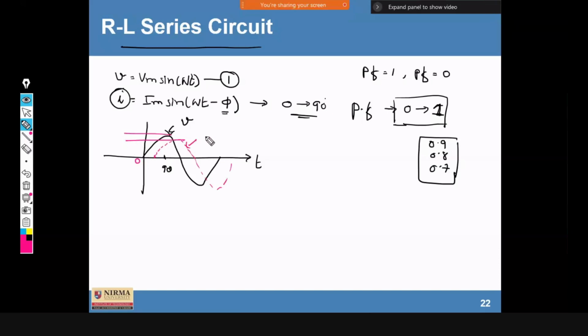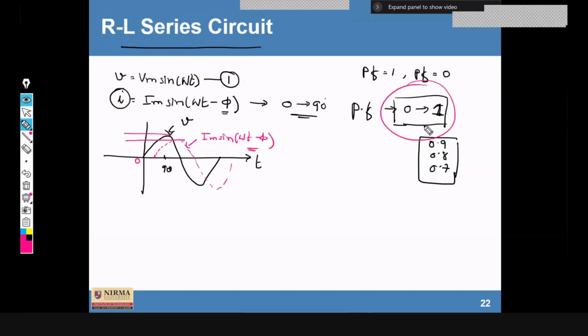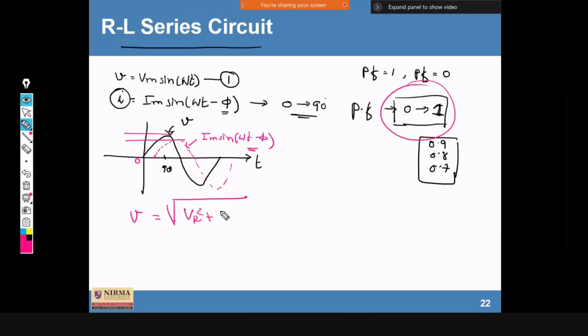So here you need to draw i is equal to Im sine omega t minus phi. Clear? And this phi may vary in between 0 to 90-degree, and according to that the power factor is also going to vary. We also derived the equation of voltage, that is under root of VR square plus VL square, and we can also write the equation of impedance.